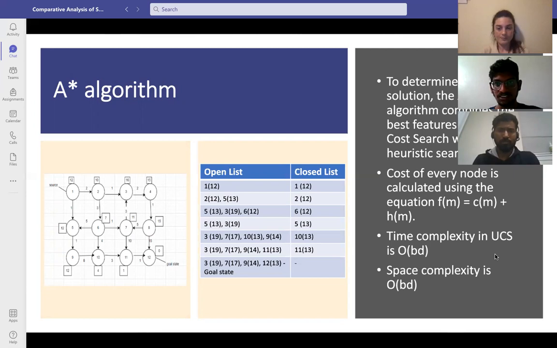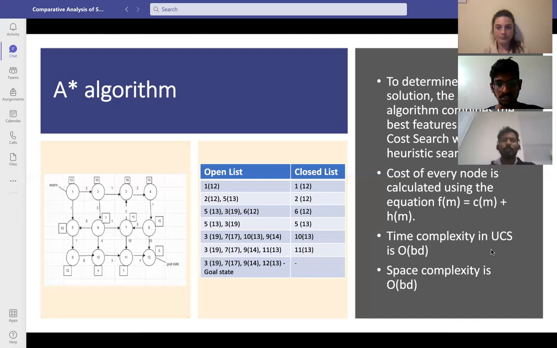It will be done in the same manner as in uniform cost search, but with the help of heuristic search. The number of steps involved in the A-star algorithm is also less compared to UCS, so that's why it is considered the most efficient search among the searches that we have discussed till now.